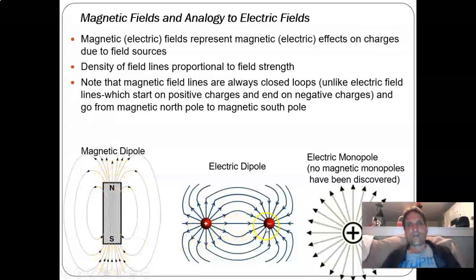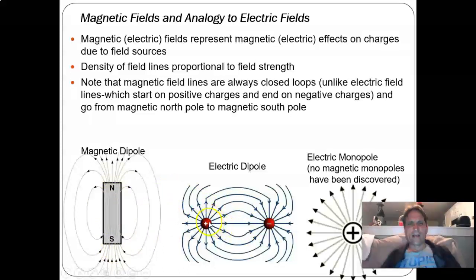Just like the electric field is strongest near the charges, the electric field lines are closest together near the positive and negative charge. The magnetic field lines produced by the bar magnet are closest near the North Pole and the South Pole. And so again, the South Pole behaves a lot like the negative charge. The North Pole behaves a lot like a positive charge.